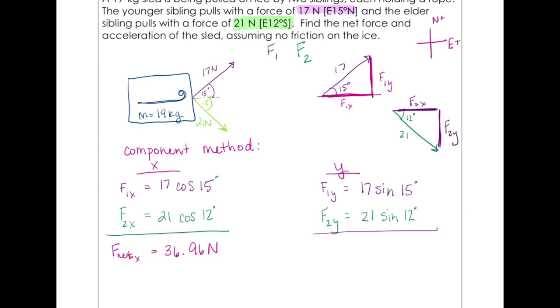Okay, one thing to note here is that for f2 of y, I kind of forgot to put this, we will have a negative here. Okay, so this will be a negative number because it is going south.